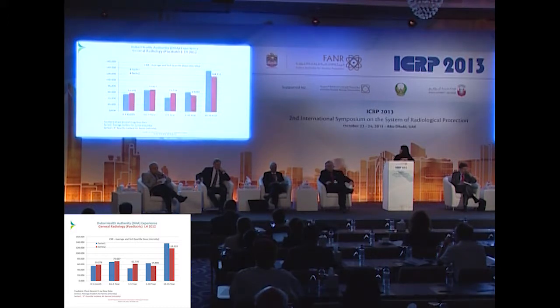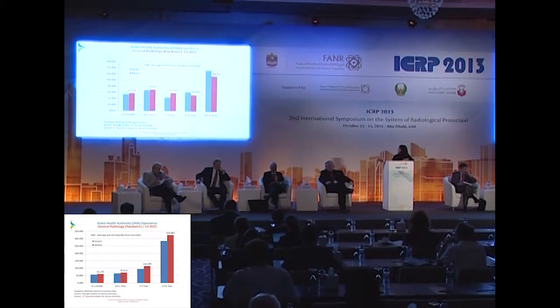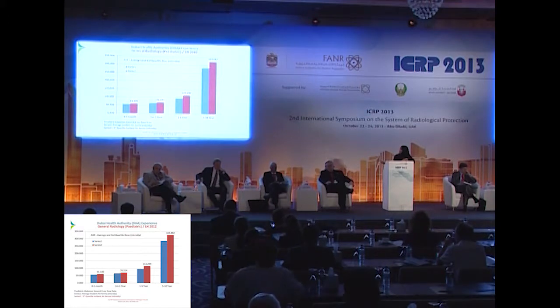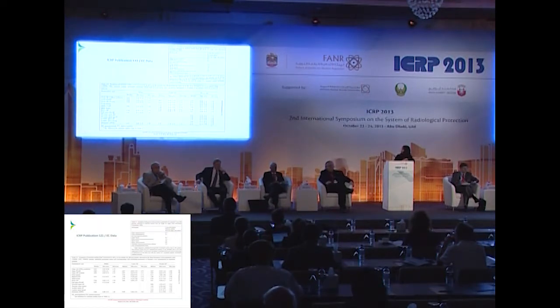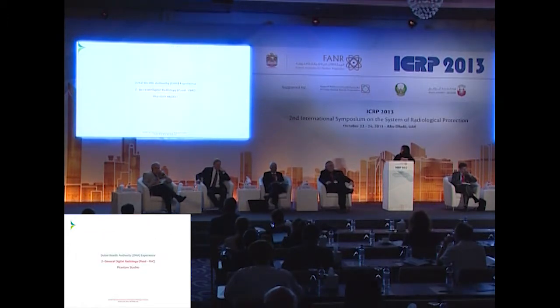We have actually only a few data on this, because the pediatric age group for us is 13 years, not 15 years as internationally. This is the abdomen data. We don't see fluctuation in the abdomen data. If we look at the published ICRP data, we can also see some fluctuation with age, as we found with our data.